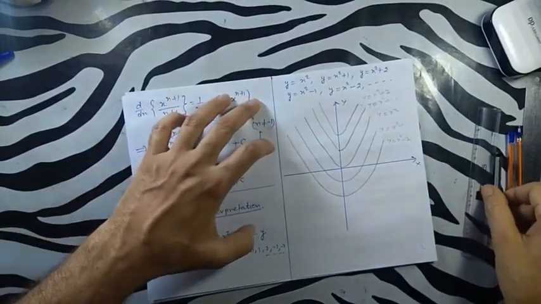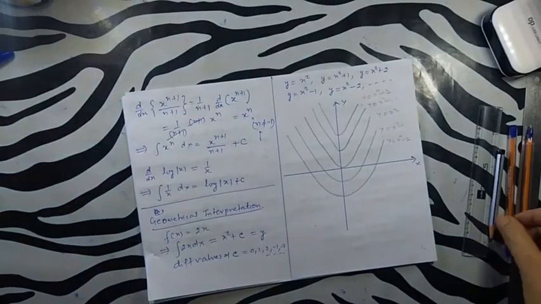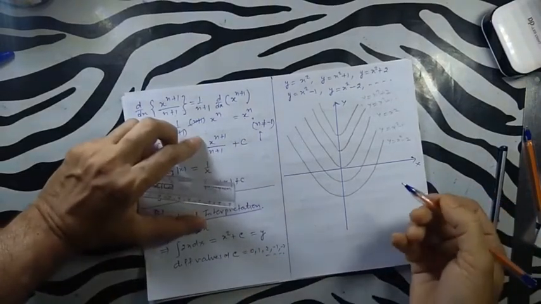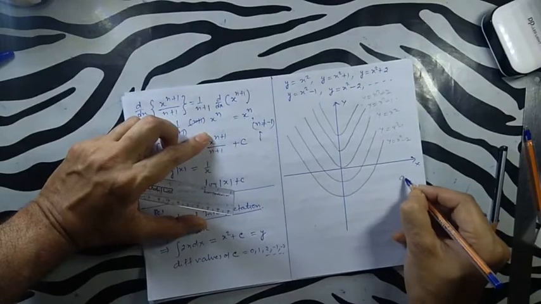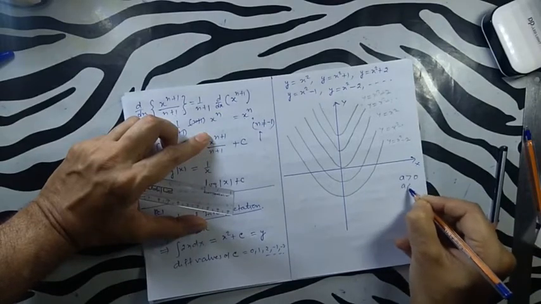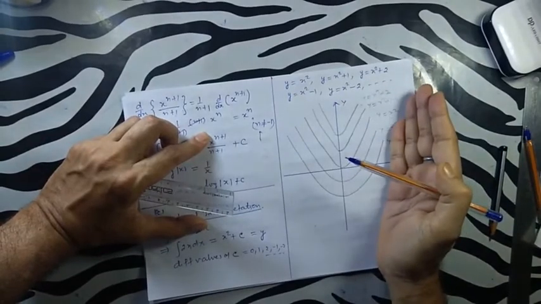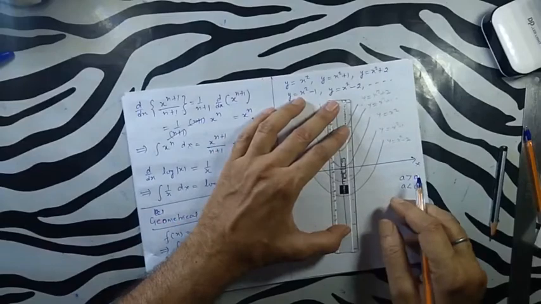When we draw a line x is equal to a, a may be greater than 0, a may be less than 0. So now here we'll consider the case a greater than 0. It may also be a less than 0, so that will be on that side. So if we draw a line x is equal to a, what will happen?